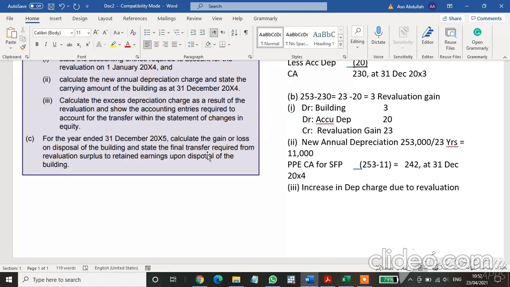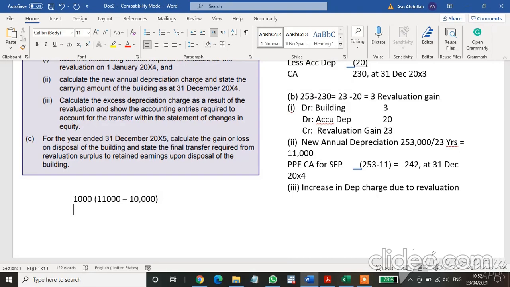So it is increasing by 1,000 pounds, which comes from the 11,000 annual depreciation minus 10,000, the old depreciation.